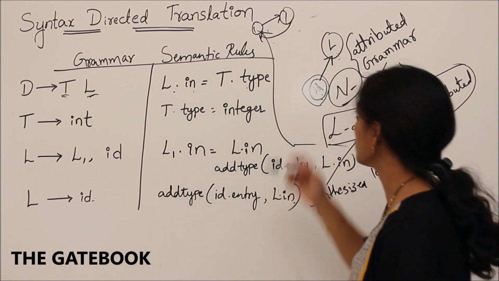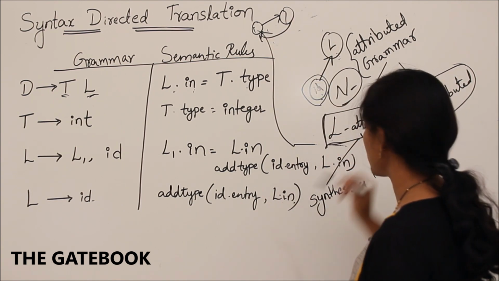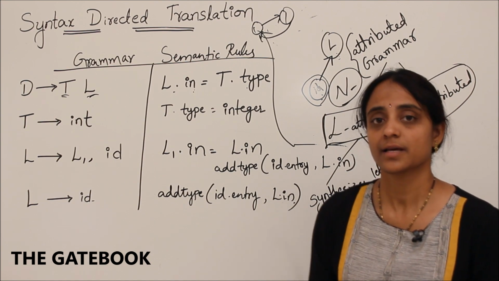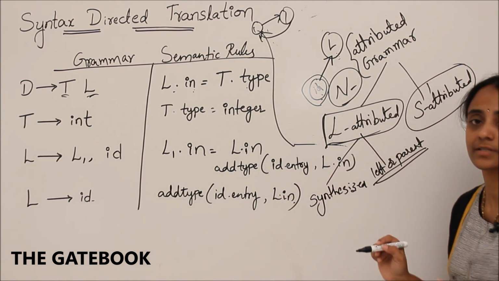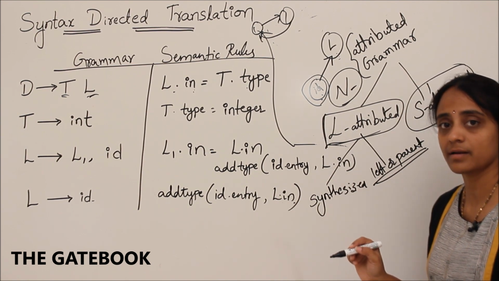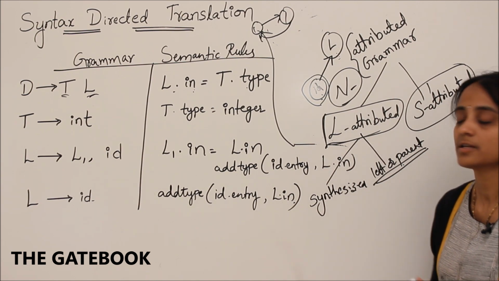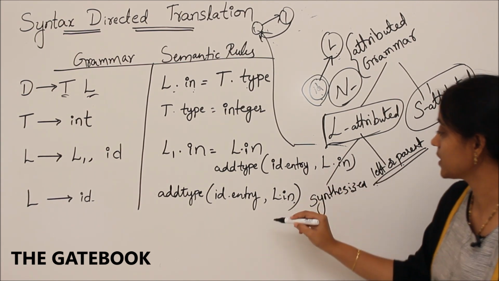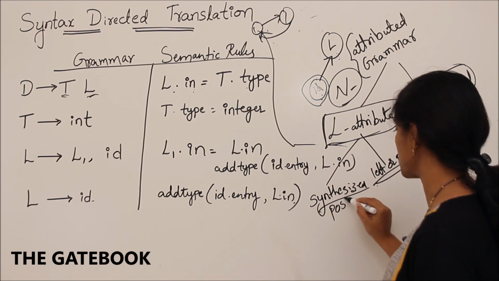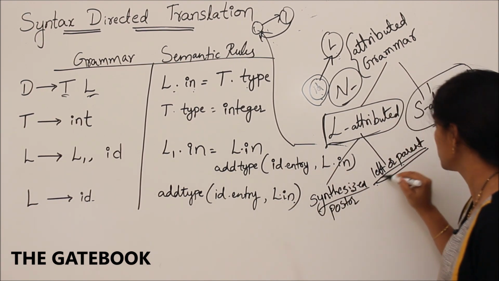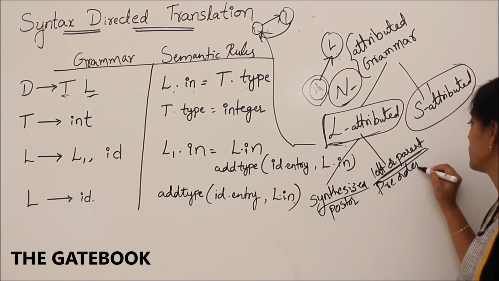So to avoid these kinds of things, we standardize the dependencies in L attributed, that it can either depend on left side symbols or the parents in the syntax tree. So in that way we know that all synthesized attributes can be evaluated with post order traversal, and inherited attributes can be evaluated with pre-order traversal.